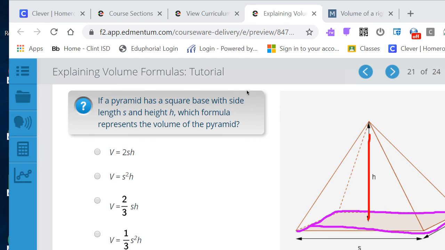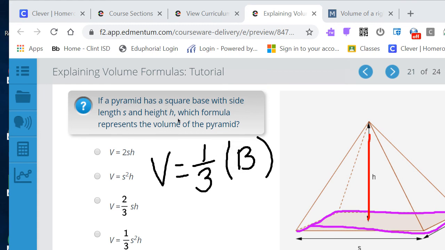Remember we said our volume for a pyramid has to be 1/3 the area of the base times the height. Do that in purple, the area of the base times the height.